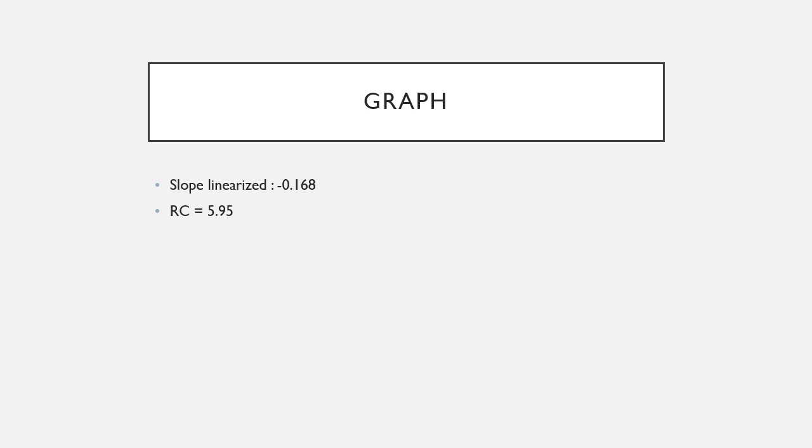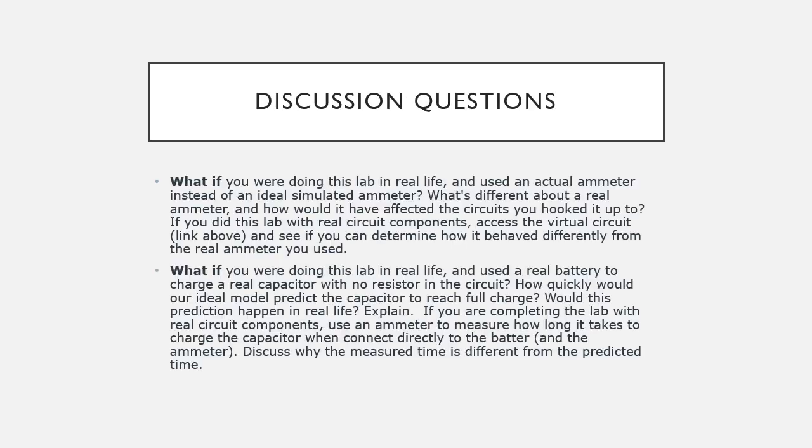So our graphical RC value is not too far away from your calculated value. The measured time would be different from the predicted time, just simply due to the fact that there's going to be resistance and everything. Even if you don't have a resistor in the circuit, you will have resistance in wires and such.